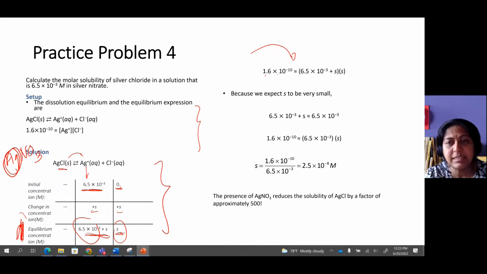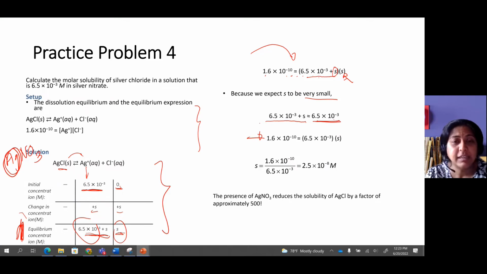Ksp is equal to 1.6 times 10 to the negative 10th, equals the equilibrium concentration of silver ions, 6.5 times 10 to the negative third plus S, times the concentration of the chloride ions, which is only S. This S is a very small value. Therefore, 6.5 times 10 to the negative third plus S is approximately equal to 6.5 times 10 to the negative third.